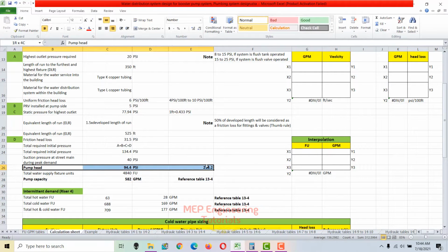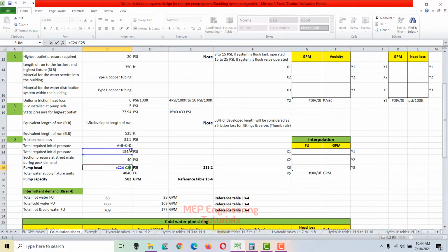Now we can easily calculate the pump head. How will we get the pump head? We take this total required initial pressure minus the suction pressure at the street main. If you subtract the suction pressure from the street main from the initial pressure requirement, you will get the pump head.